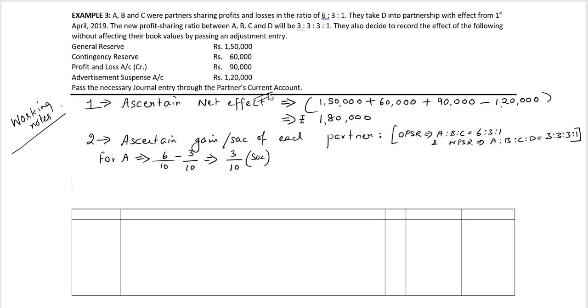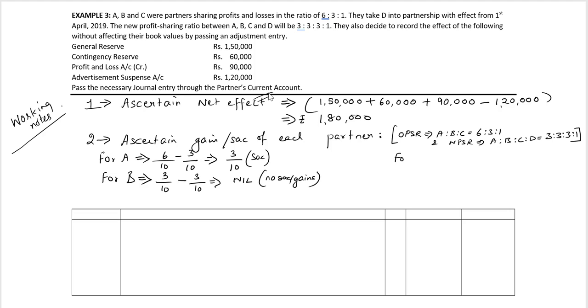It's a positive figure. So for B, old share 3 by 10 minus the new share 3 by 10 again, nil. Partner B neither sacrifices nor gains.